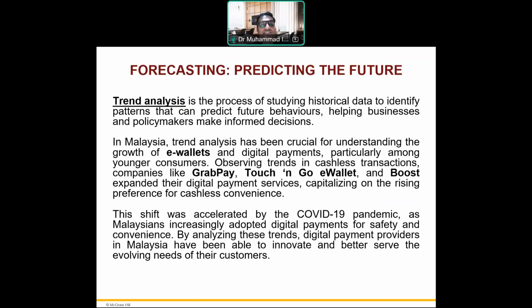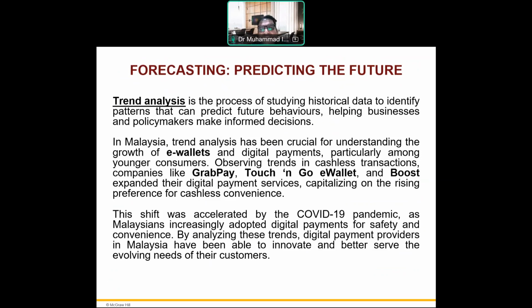Suppose here is an example I'm giving you in the Malaysian context. Trend analysis has been crucial for understanding the growth of e-wallets. These days they are very famous, getting more familiar, e-wallets and digital payments, particularly among young consumers. Who will carry cash in the pocket? Simple, safe, secure, easy to use.